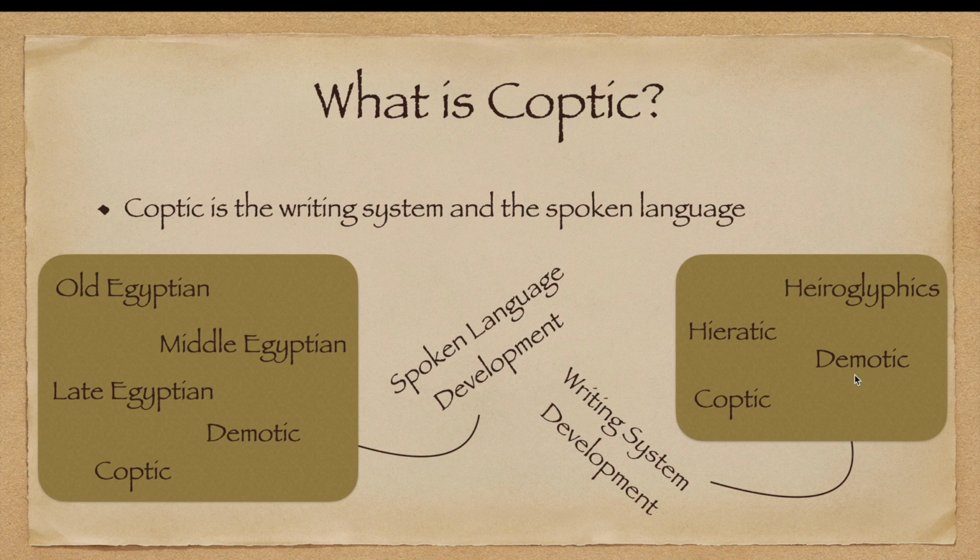So they switched over to Coptic, and so Coptic mixed the Greek writing system and took 7 letters from Demotic for all of the sounds that were in Greek, and they put it together, and then bam, there's Coptic.